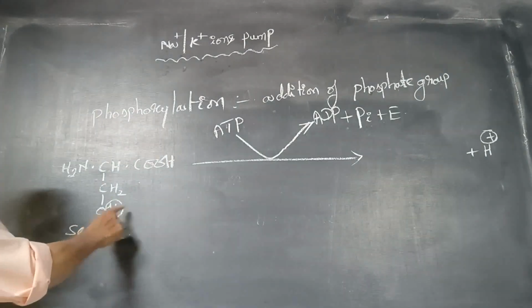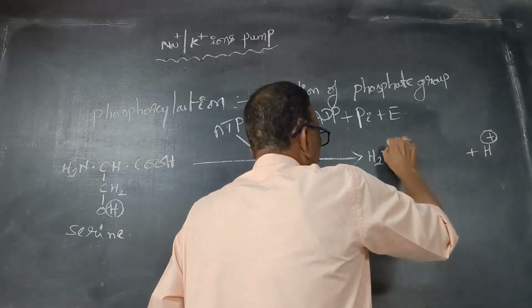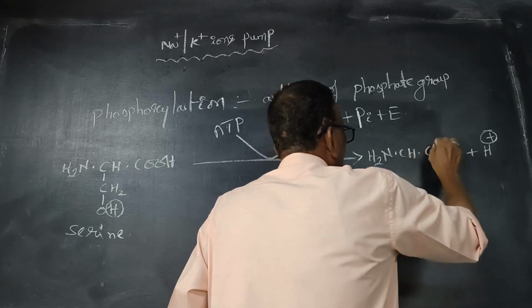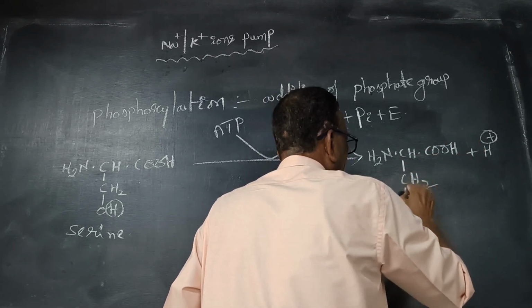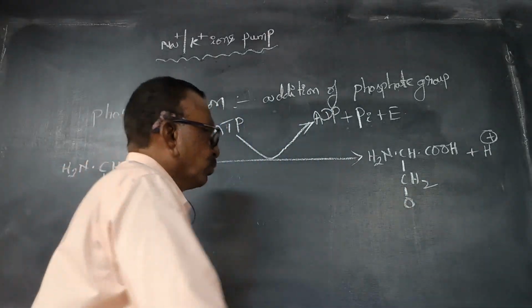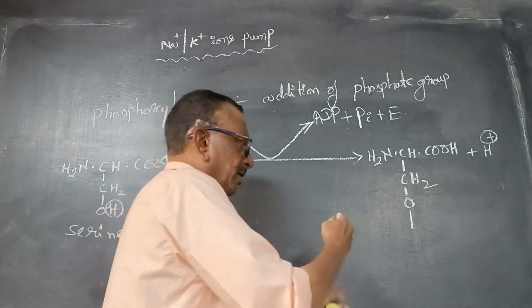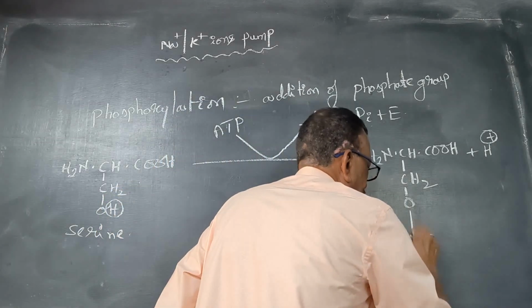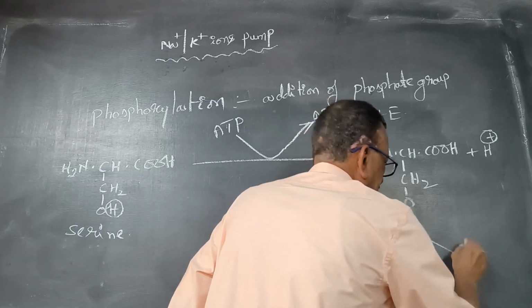Once this H is removed, what is left over here? Then H2, then CH, then COOH, we have CH2, then O is there. To this O, this inorganic phosphate will attach. So this is phosphorus 1, 2, 3.